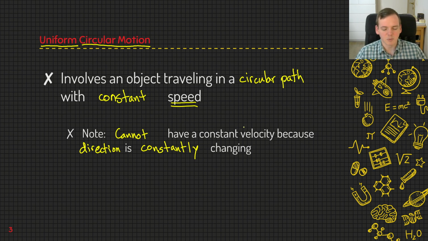I know that seems pretty obvious, but if you imagine at one point you're moving in this direction, then a second later you kind of turn this way, then you kind of turn this way, and a circle is ultimately you're always changing directions and pointing in a different way. And that's how we get this idea. So we don't have constant velocity, but we do have constant speed.